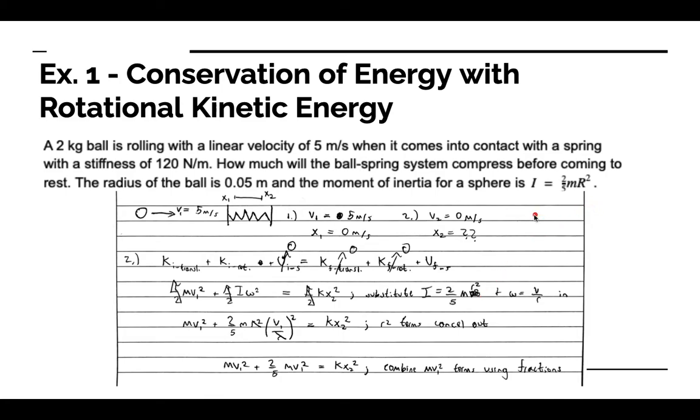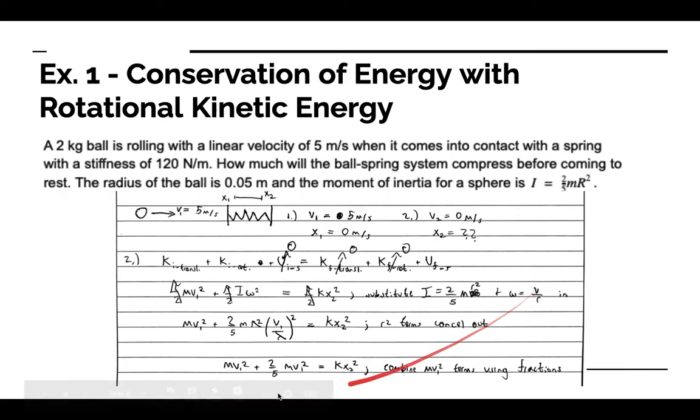And because we want to work in one single series of variables, either translational or rotational, we're going to replace our angular velocity omega with v over r, if we recall our conversions from 7.1. That way everything is going to be in terms of linear variables, specifically our linear velocity.